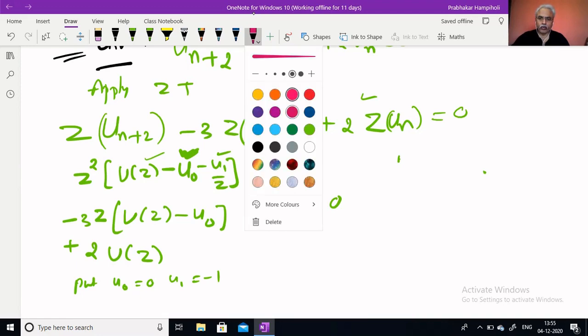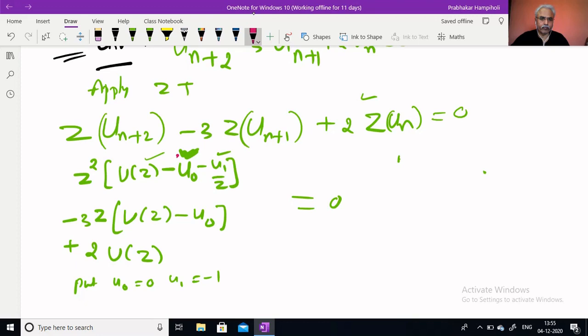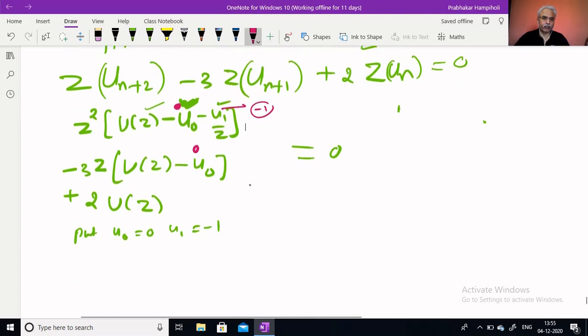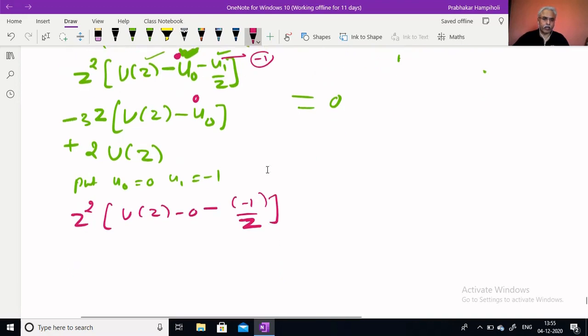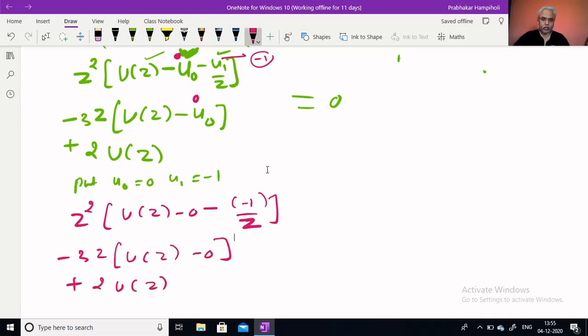If I put 0 wherever u0 is there, and minus 1 for u1, I am going to end up with z square into bracket u of z minus 0 minus of minus 1 upon z. Second term minus 3 times z into bracket u of z minus 0. Third term plus 2 times u of z, right hand side 0.